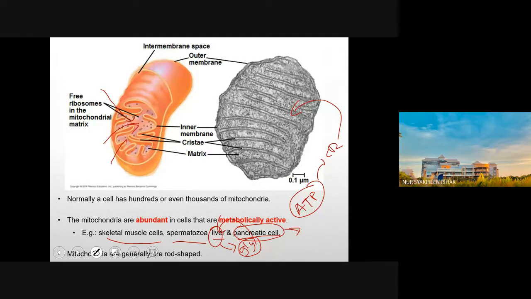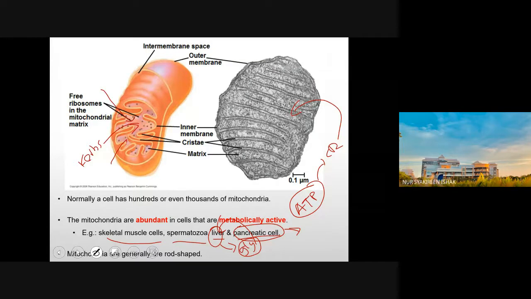So in the matrix, one of the stages of cellular respiration is Krebs cycle. Krebs cycle itself involves many enzymes to catalyze the reaction for cellular respiration. So cellular respiration is not as simple as just breaking glucose to produce ATP.